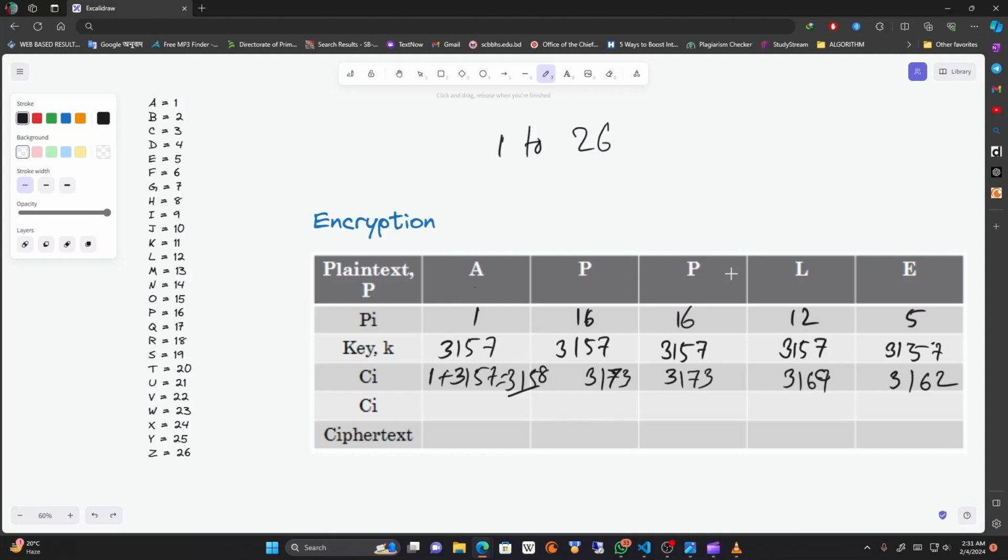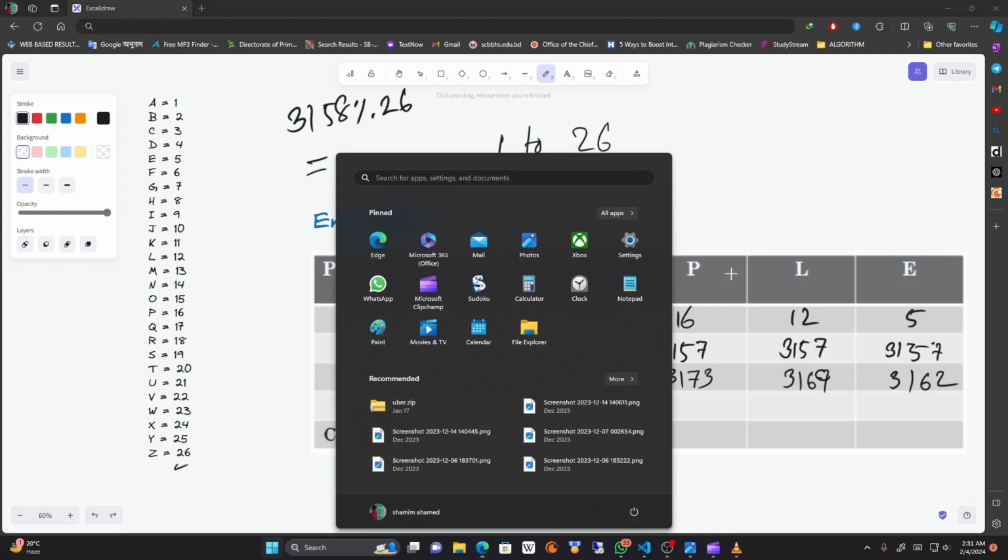So what we need to do here is take this ciphertext index value, which is 3158, and divide it by 26, because we have 26 alphabets here. If we do this, we'll get a result, which is, for example, let's go to our calculator.